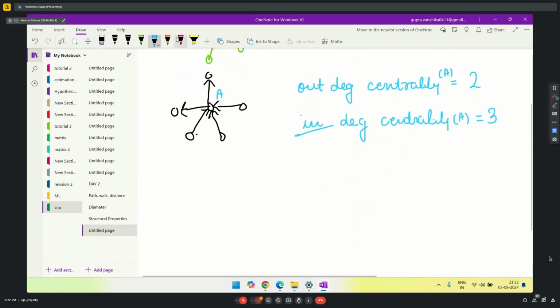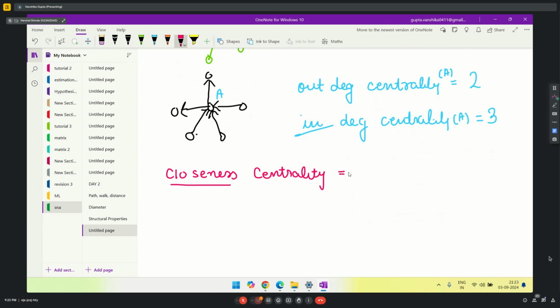Now there comes a concept of closeness centrality. What is closeness centrality? It is nothing but the sum of the inverse of the shortest distance from every node.